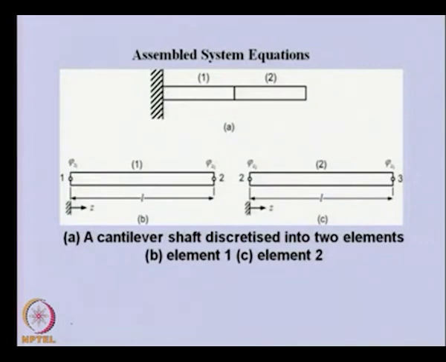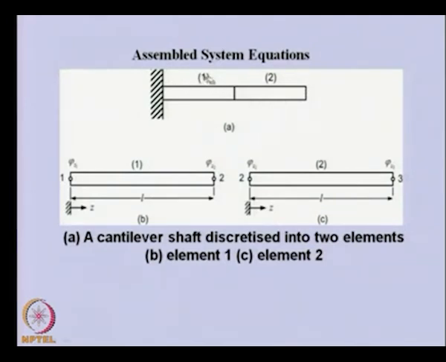Once we obtain this elemental equation, through one example of a cantilever shaft we will develop a system equation. For illustration purposes, we have divided the shaft into two simple elements.